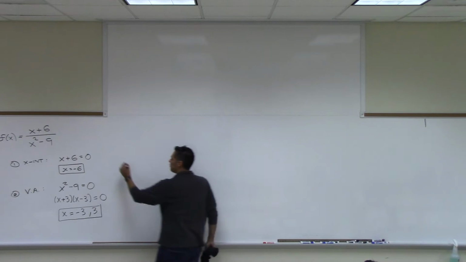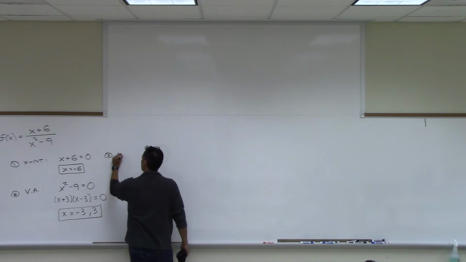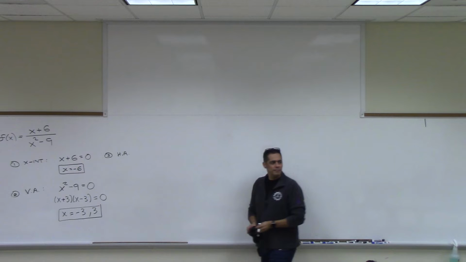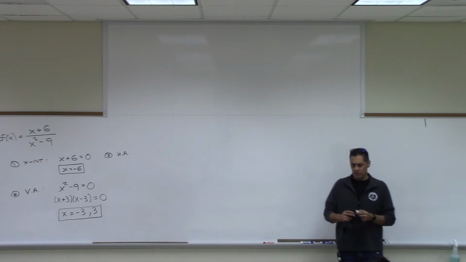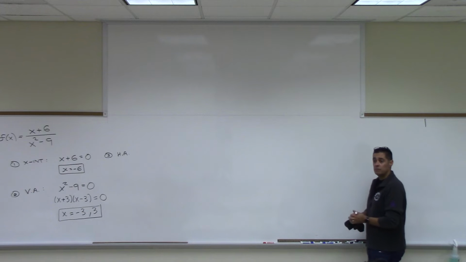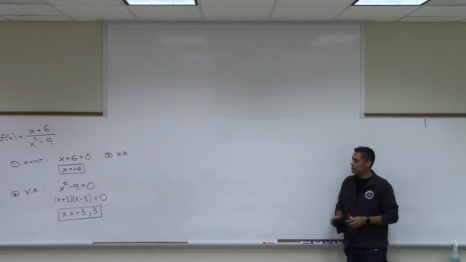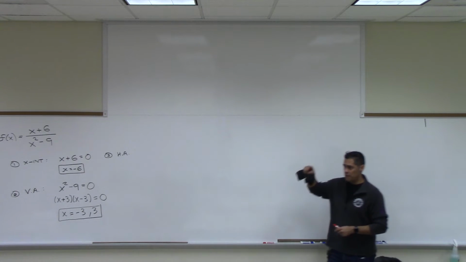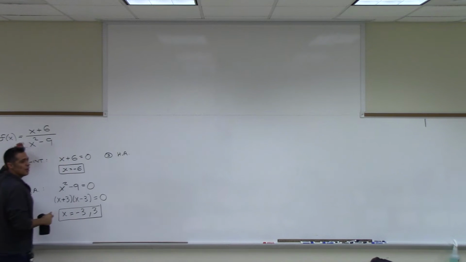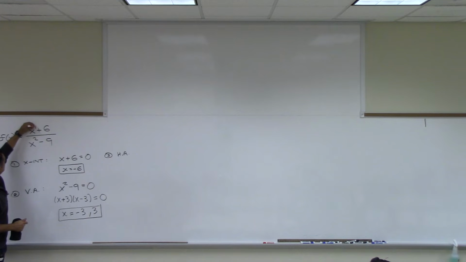Third step, horizontal asymptotes, right? And this is where we have to do what? Compare the degrees of the numerator and denominator. What's the degree of the numerator? 1. What's the degree of the denominator? 2.